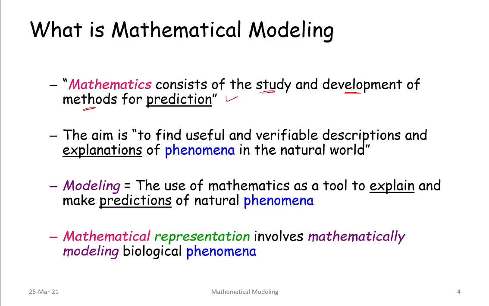It is aimed at finding useful and valuable descriptions and explanations of typical phenomena in this universe. Modeling is also used as a tool to explain and make predictions based on nature. It is also used sometimes in biological issues.